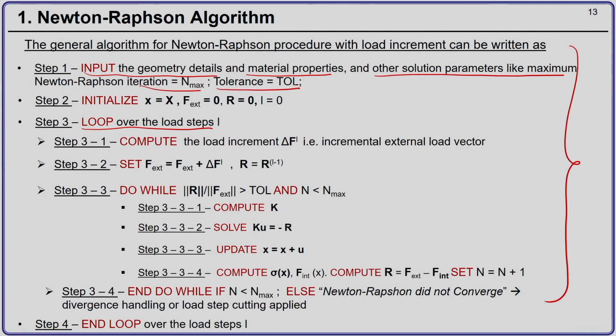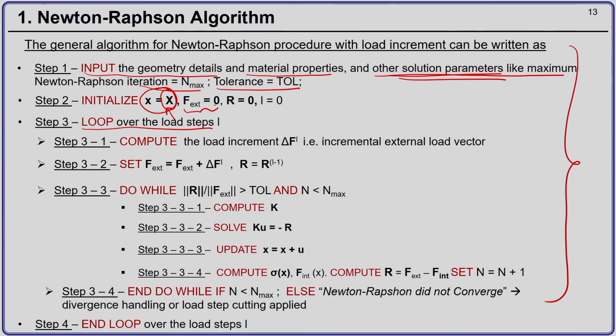You have to give the initial nodal coordinates, connectivity, the number of Gauss points that you need for integration, and the boundary conditions. All these data have to be given. Once you have this, you initialize your solution to the initial position of the body.